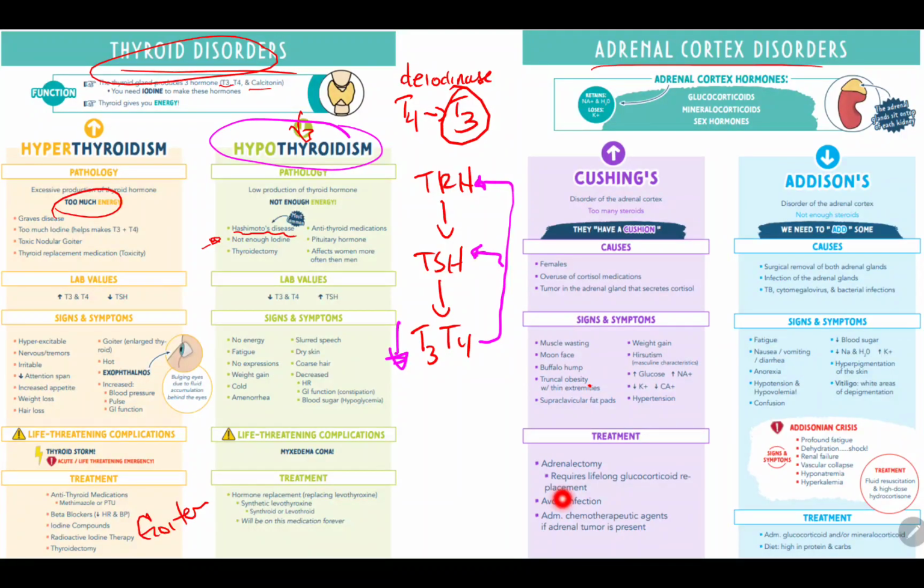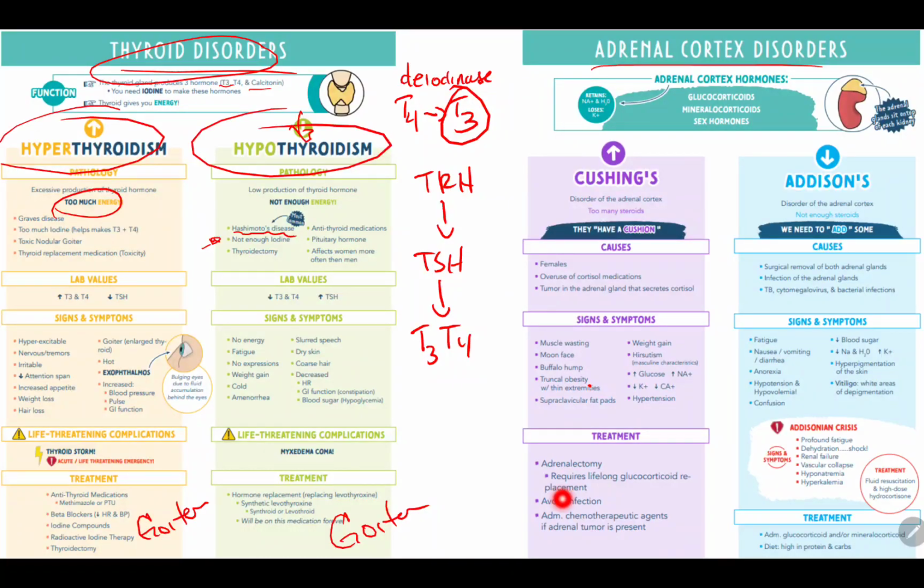So that pituitary gland is going to continue to release TSH, TSH, TSH, constantly stimulating T3 and T4 production. But again, if you don't have any iodine, that stimulation of the thyroid gland is going to get bigger and bigger and bigger. As a result, that'll also result in a goiter. So both hyper and hypothyroidism can result in a goiter.